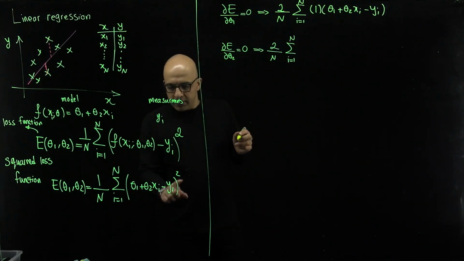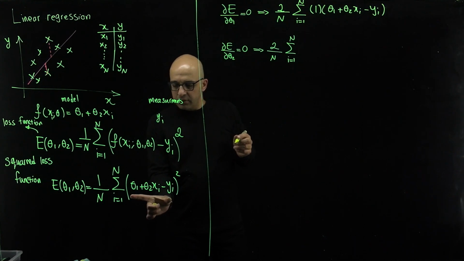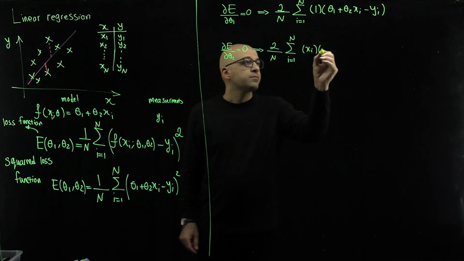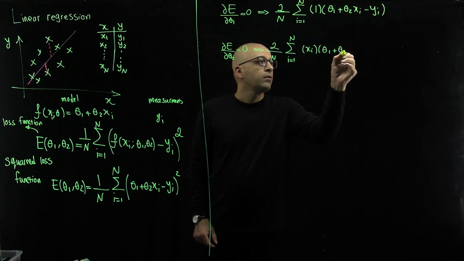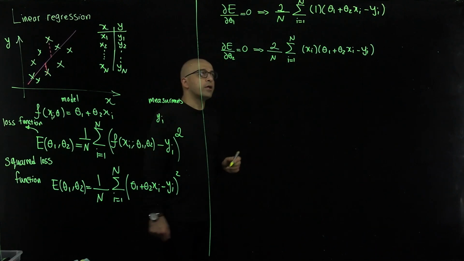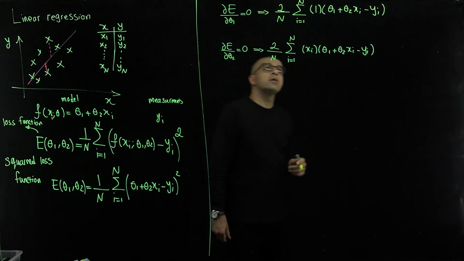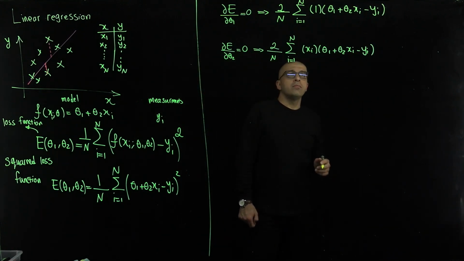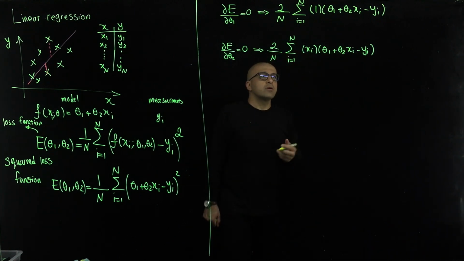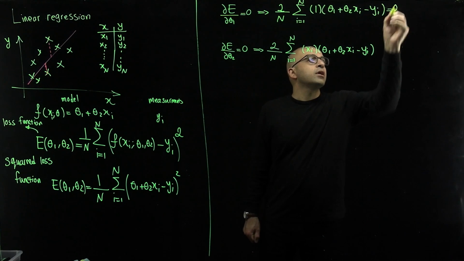And now the derivative of this expression with respect to theta 2 gives an xi, and then this expression. So now we have these two expressions set equal to 0.